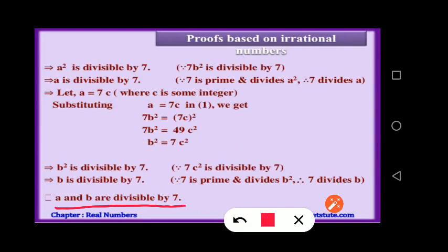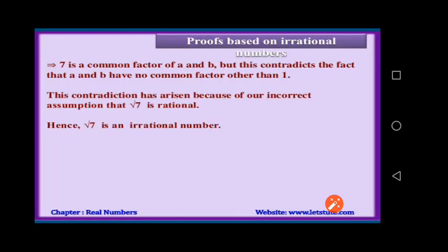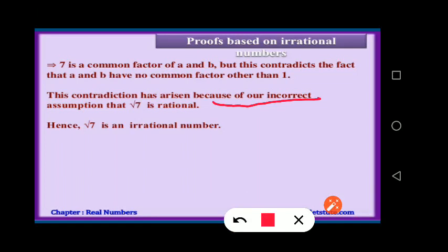The result which we are getting and what we have assumed are two different things. They cannot be the same. Hence we come to the contradiction, which arises because what we have assumed is wrong, and hence we can say that root 7 is an irrational number.